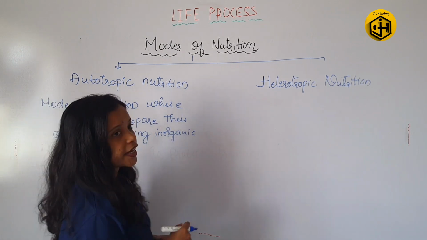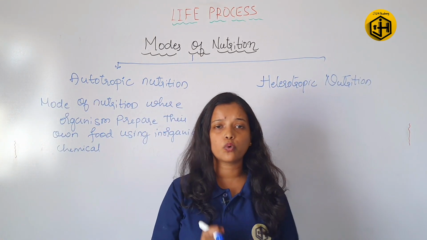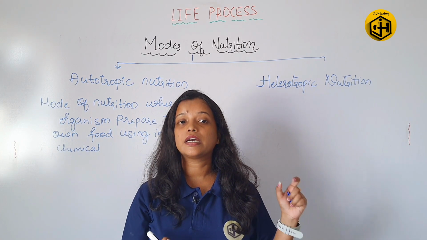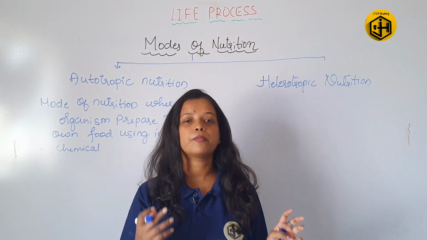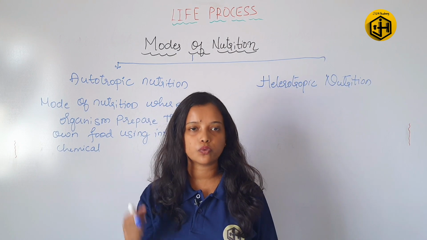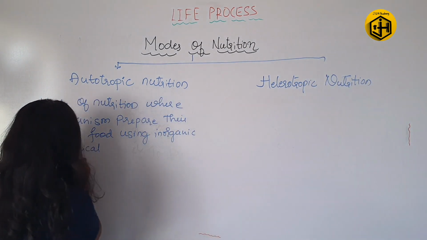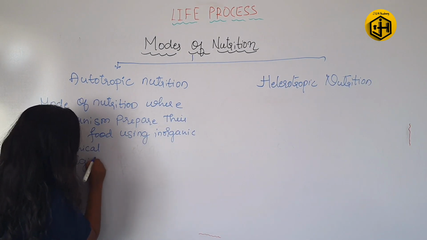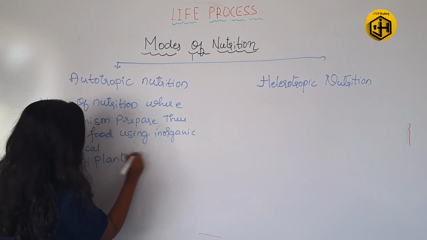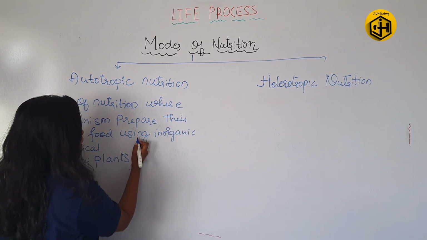So which organisms can prepare their own food? Only green plants and some bacteria prepare their own food. So for example, we can give plants or some bacteria.